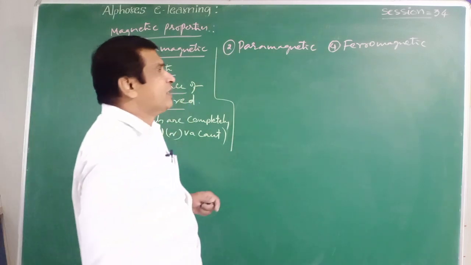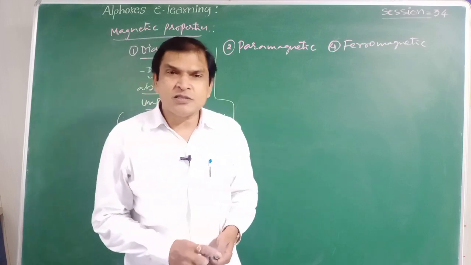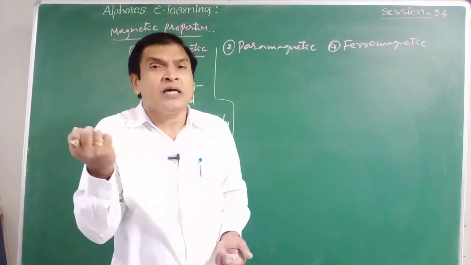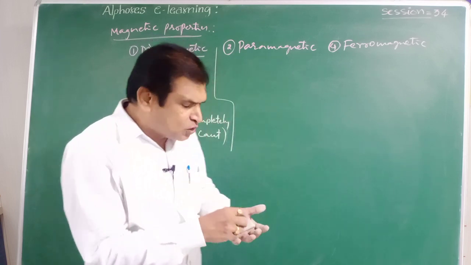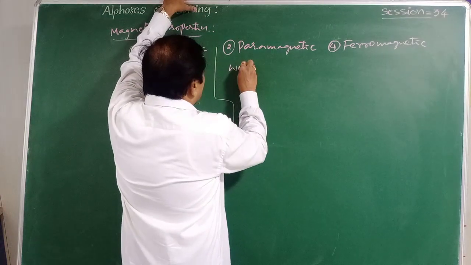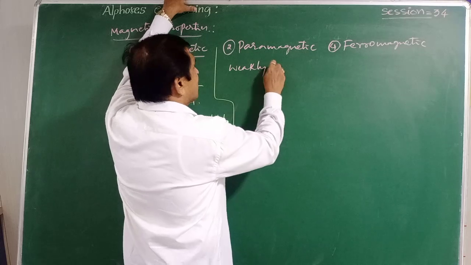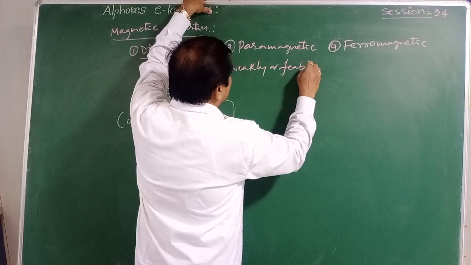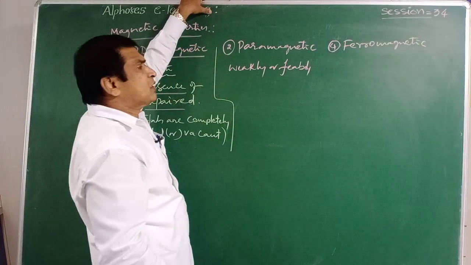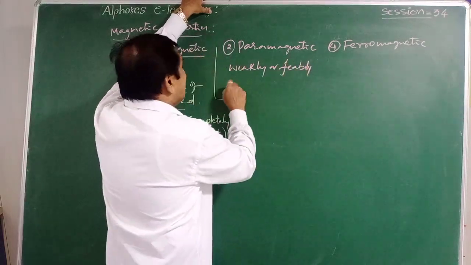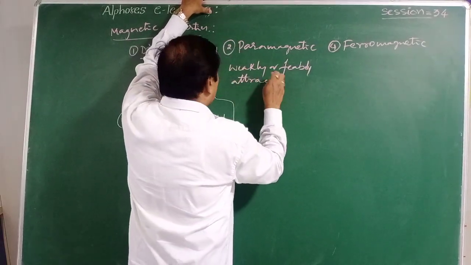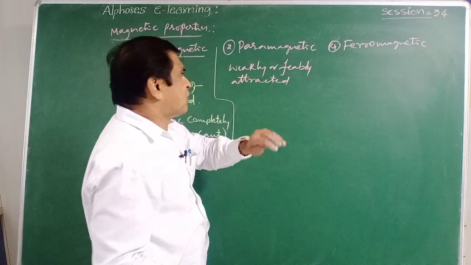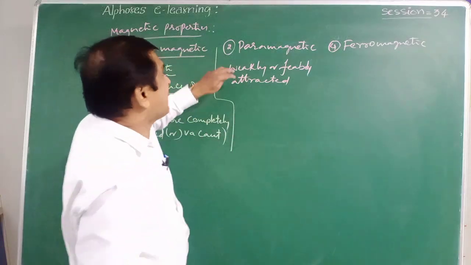What is paramagnetic nature? The substance which is weakly attracted, or feebly attracted, towards an external magnetic field is called paramagnetic nature.